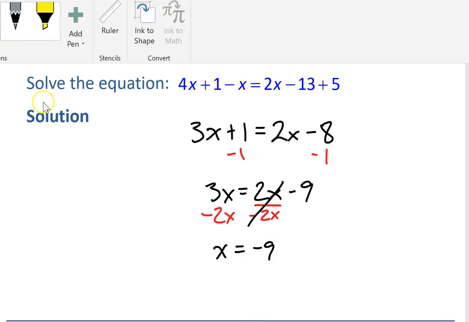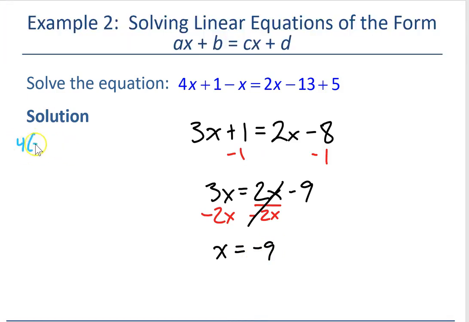I'll do it in blue over here. We've got 4 times negative 9 plus 1 minus a negative 9 is equal to 2 times negative 9, put that in there very sneakily, minus 13 plus 5. So 4 times negative 9 is going to give me a negative 36.